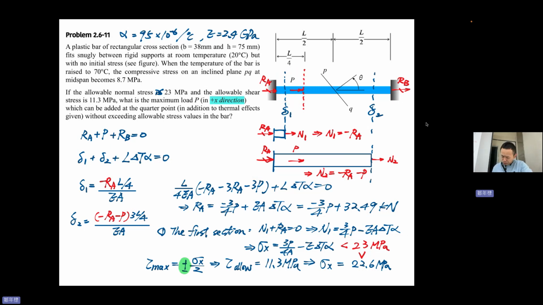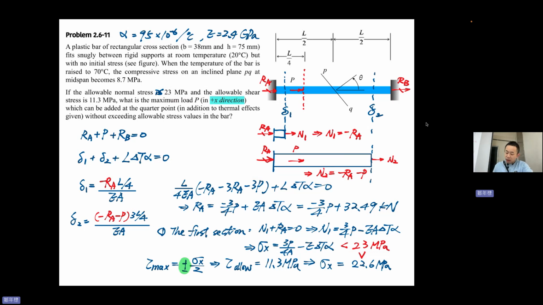So for the first section, you can directly determine sigma x, which needs to be less than 23 MPa. No problem at all. That's good.